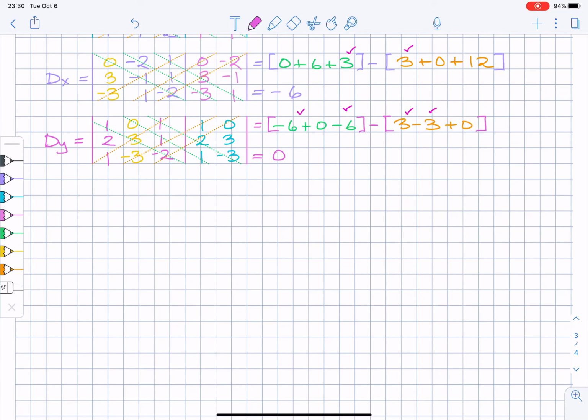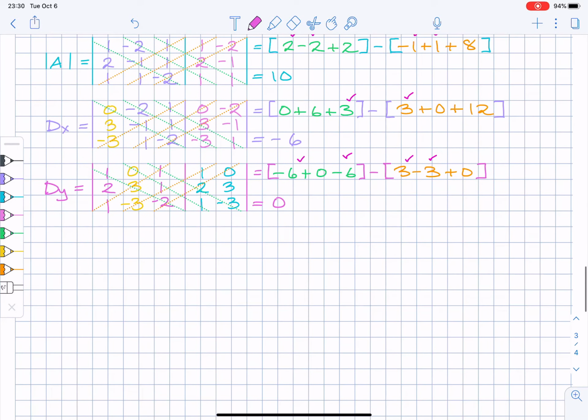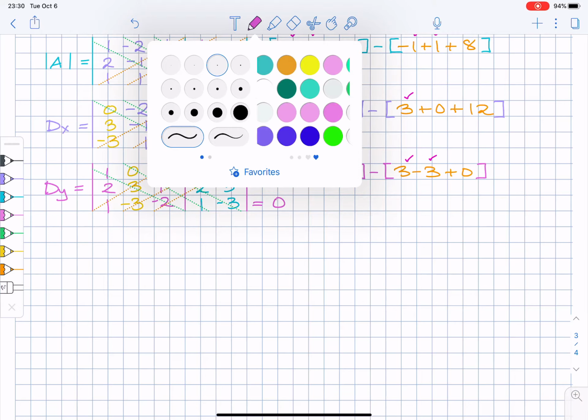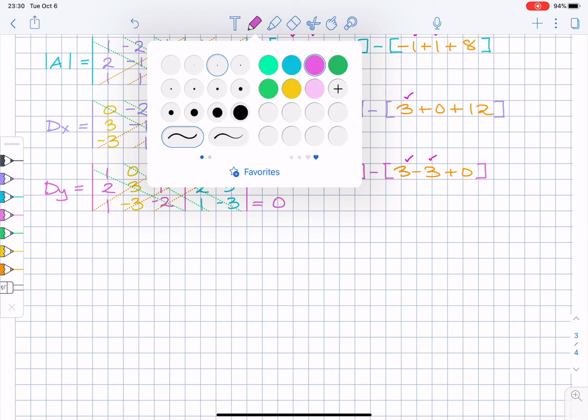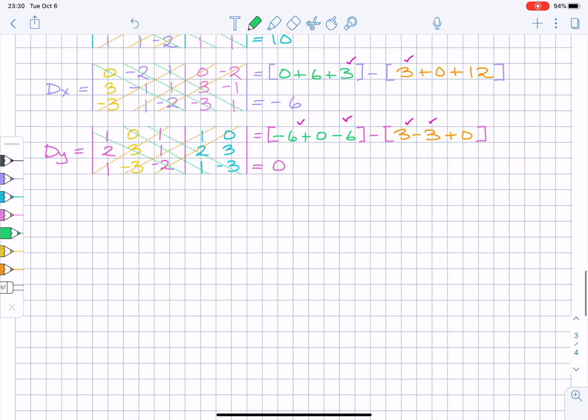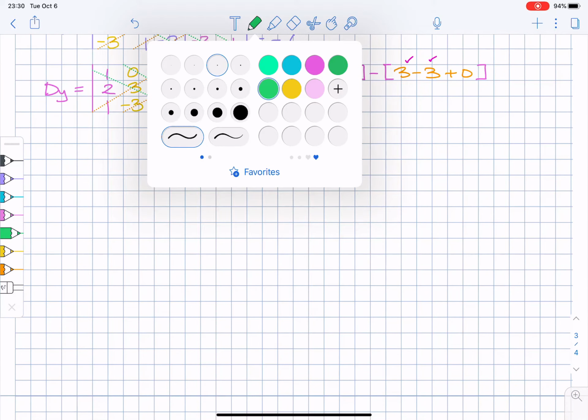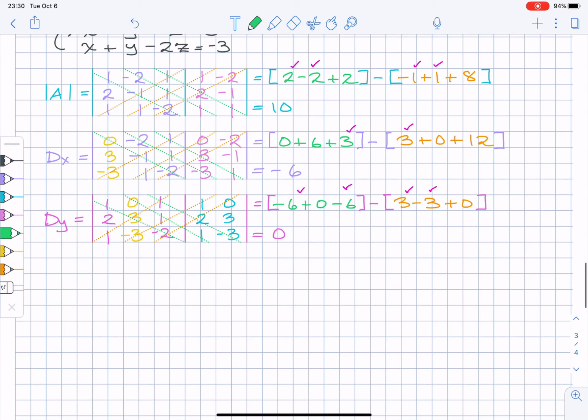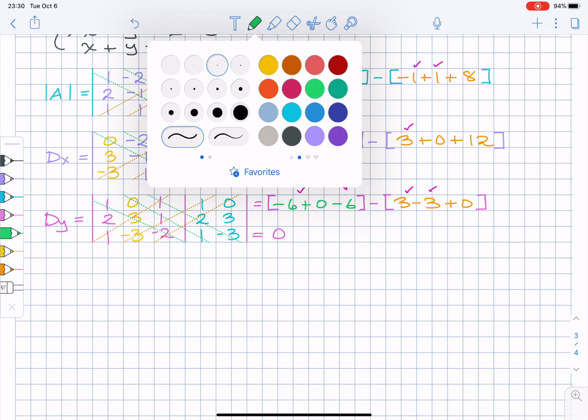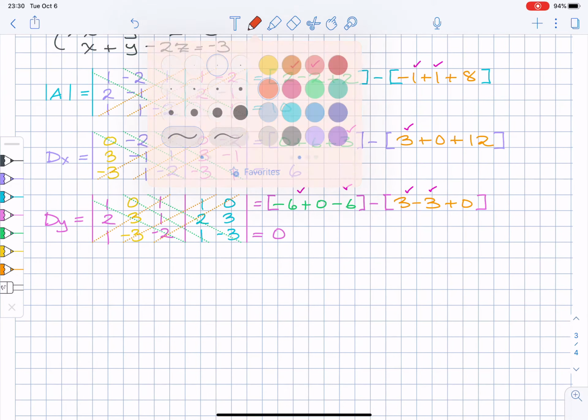Okay, so now let's do capital D sub z, in, what color should I use? I like this bright green, but I've already used it. What color haven't I used? I haven't used orange. Let's use maybe a dark orange.